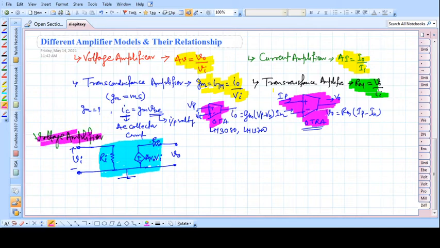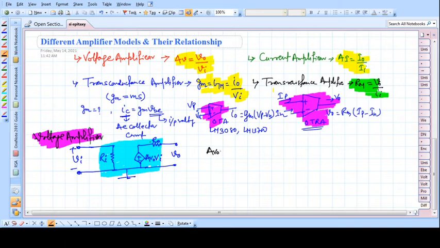From this voltage amplifier we can write AV naught Vi equals V naught when it is open circuited.